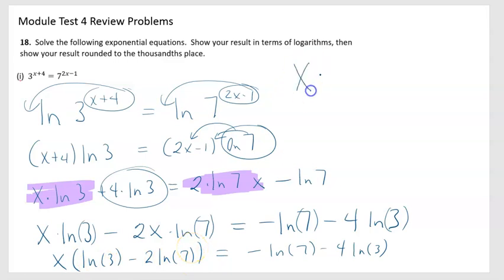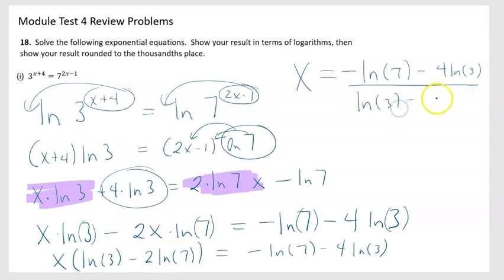So I have x, or expression really, equals, now I'm rewriting the left side with all those negatives, negative natural log of 7 minus 4 natural log of 3 divided by all this that's in parentheses. So natural log of 3 minus 2 natural log of 7. That is an exact answer.